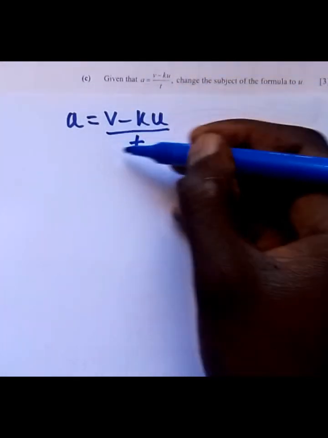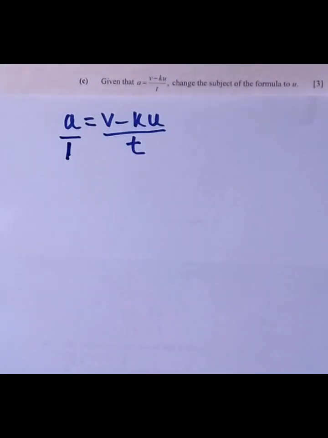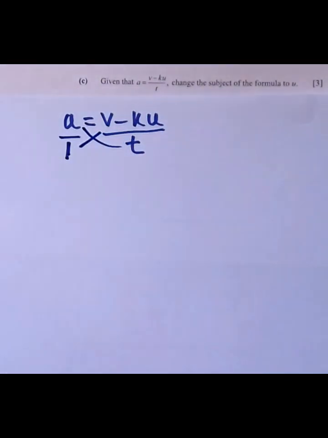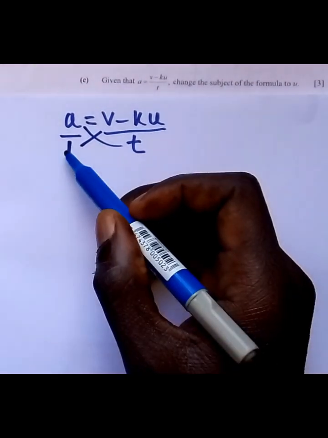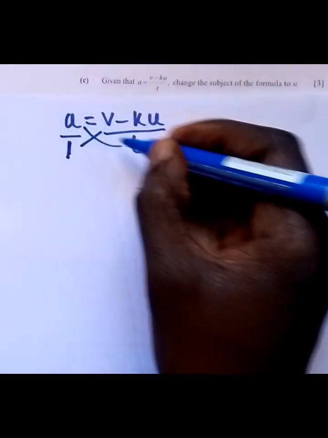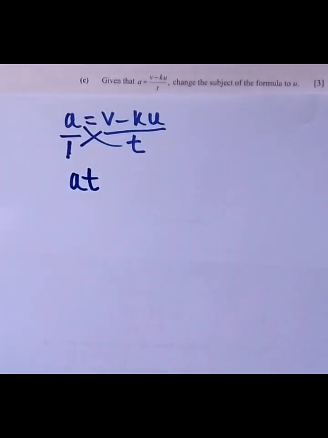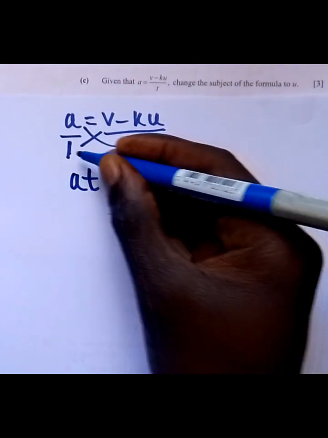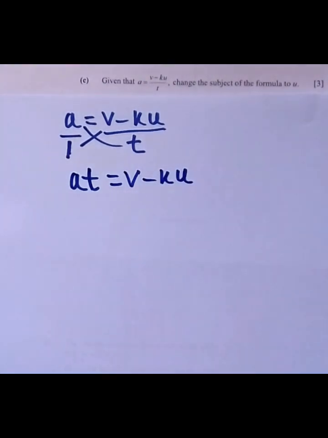Now, if this side is a fraction, we can make even this side a fraction and cross multiply. So a is going to multiply with t, 1 is going to multiply with v minus ku. And for that, we get at from the multiplication of a and t equal to 1 times v, that gives v, 1 times negative ku, that gives negative ku.